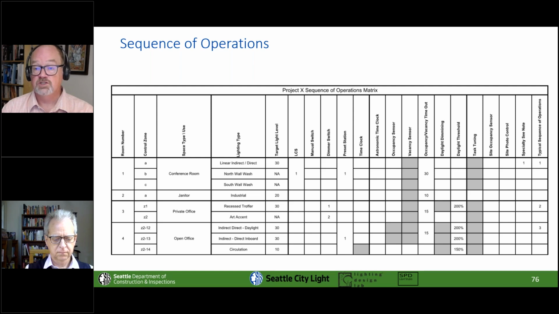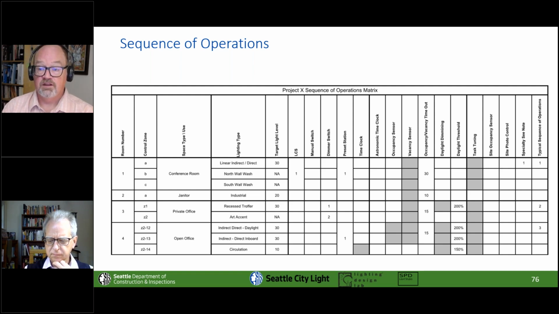Another way to do that, I mentioned, is with this kind of matrix, right? So this is a matrix that includes, you'll note on the top, all of the typical kinds of lighting control strategies we might employ. And then you fill it out underneath with the variety of different types of information that you might use.